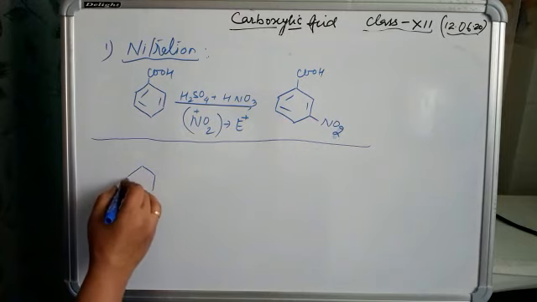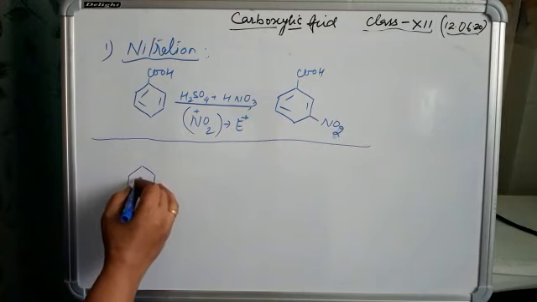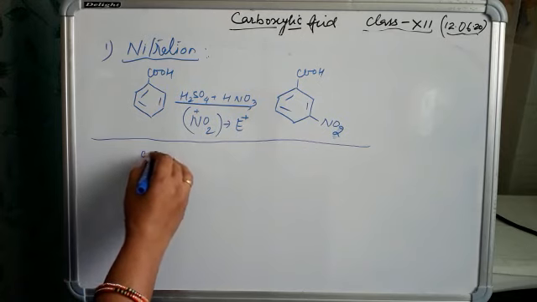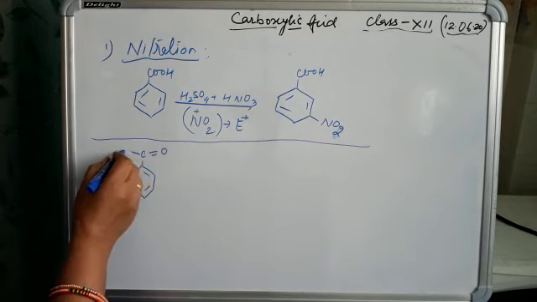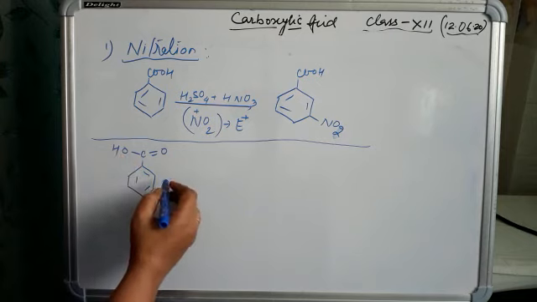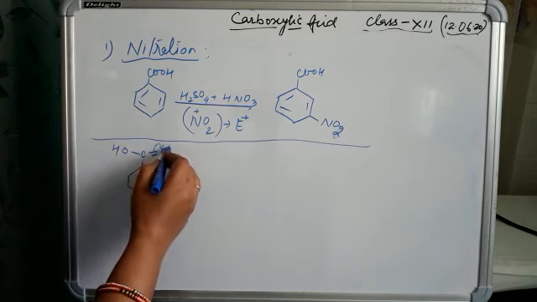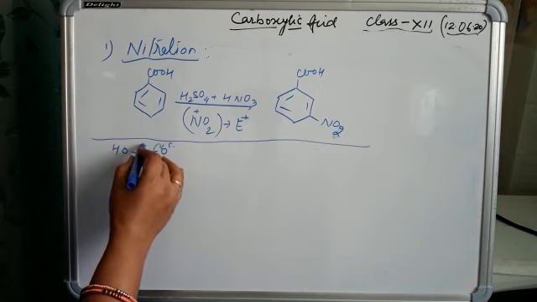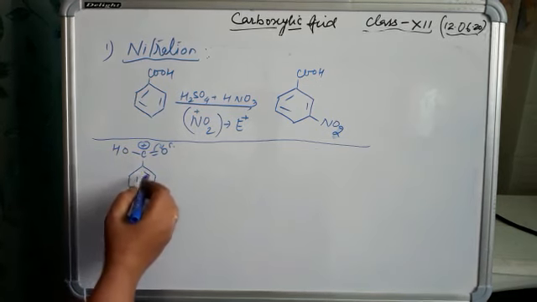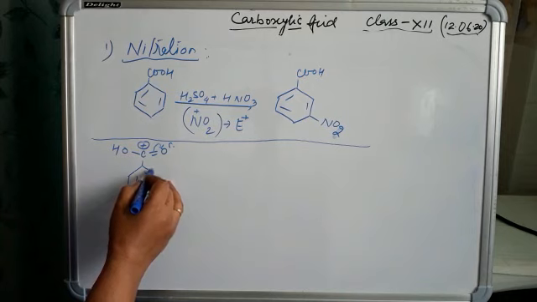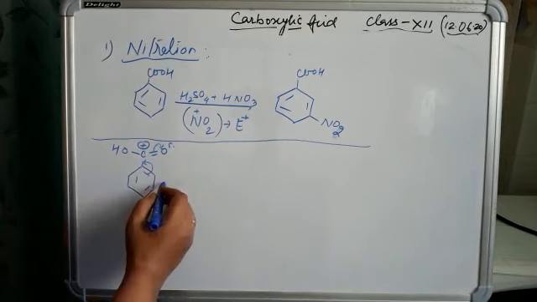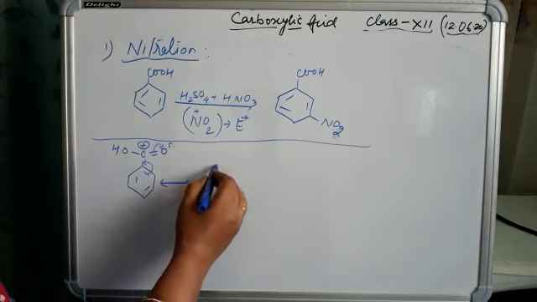Why meta position? Electrophile goes at the meta position. The pi electron shifts towards the oxygen and positive charge appears on the carbon. So the pi electrons on the ring go towards the carbon for stabilizing.